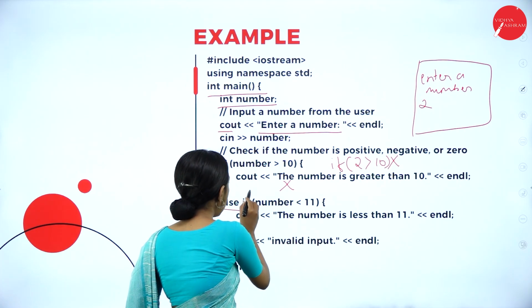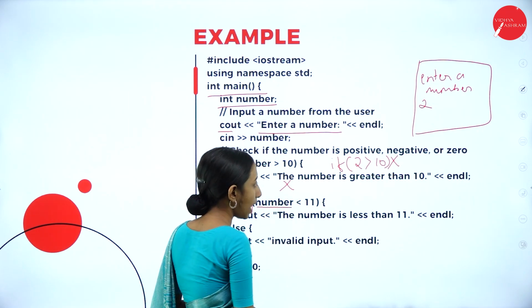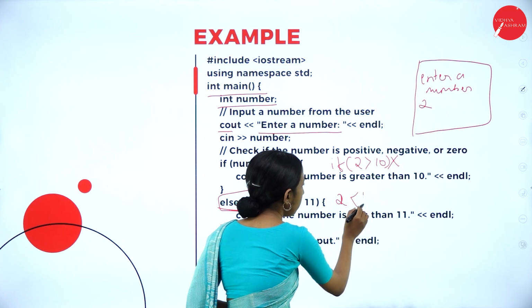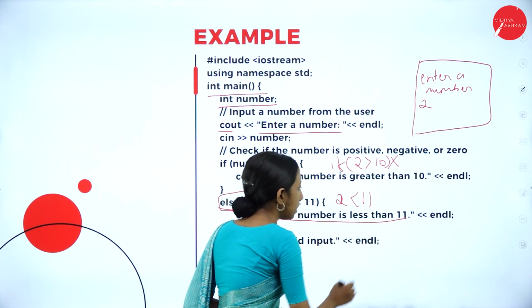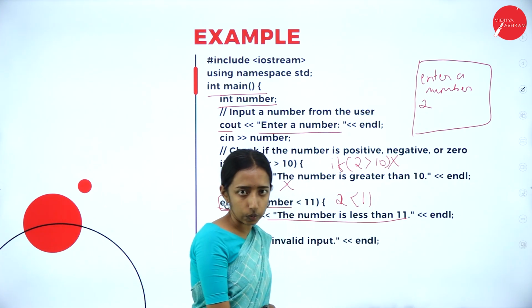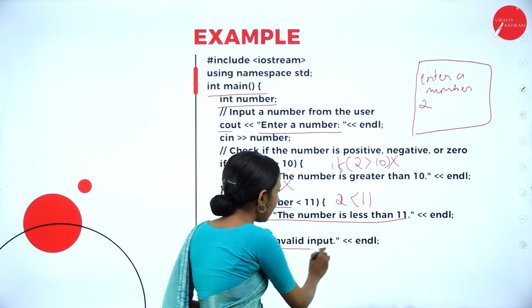Next we have else if: else if number less than 11. Yes, the number I have taken is less than 11, so it will execute the number is less than 11. This part will get executed. Next, if it is invalid, then the invalid input.